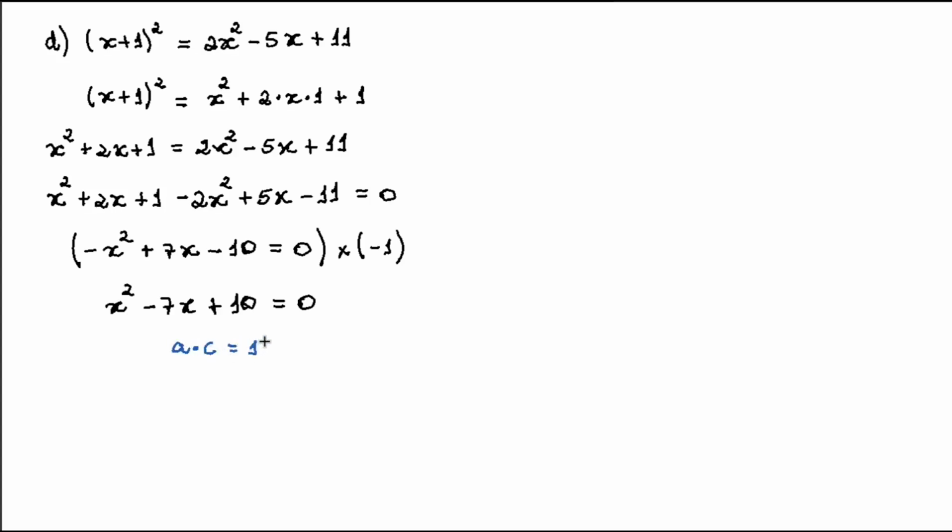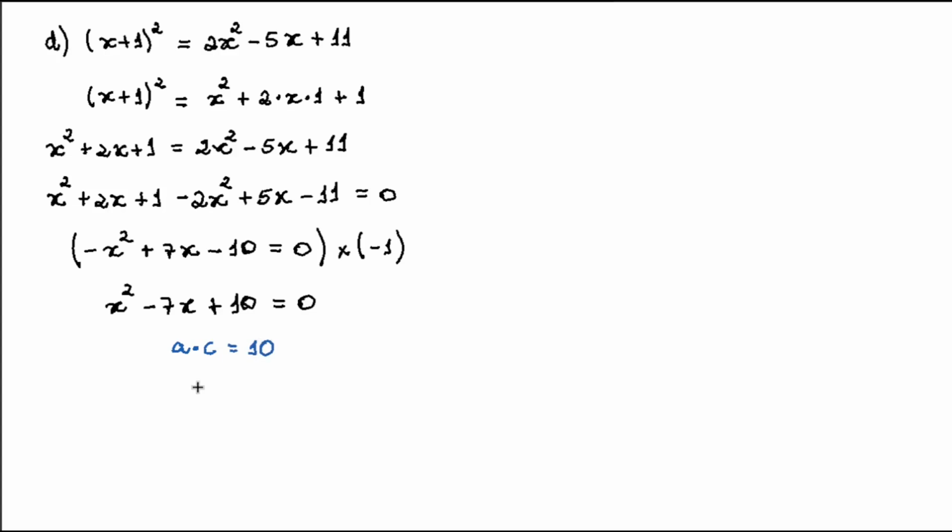So we have to split the middle term into two terms in such a way that the product of their coefficients is equal to 10. Since the product of a and c is positive 10, we have to split the middle term into two terms with the same sign.